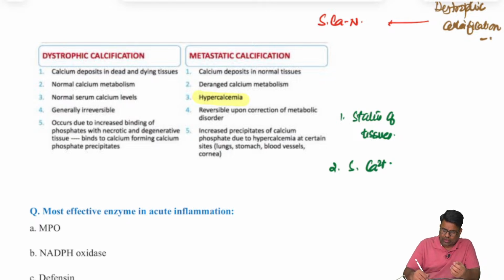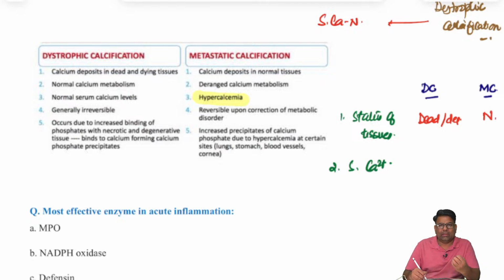So we can discuss the dystrophic calcification and metastatic calcification. In dystrophic, the tissue is either dead or degenerated, but in metastatic calcification it is normal, whereas serum calcium levels in dystrophic are normal, but in metastatic they are elevated.